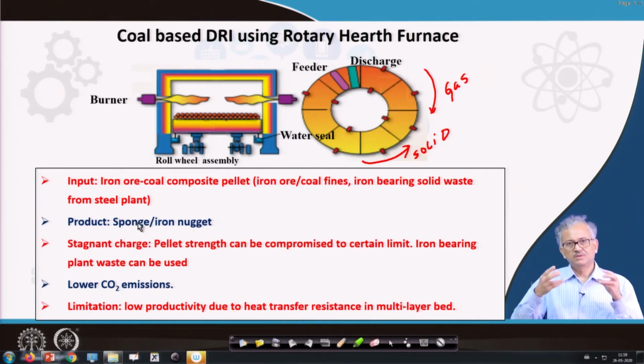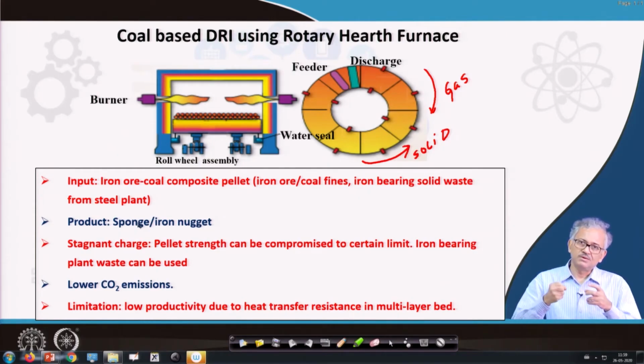Sponge iron you will get at the end, the direct reduced iron, but you can get the iron nugget also. In that case, a part of the rotary hearth furnace is maintained at a very high temperature, more than 1300 degrees centigrade, such that the slag metal separation takes place, and then during cooling the iron nuggets form.